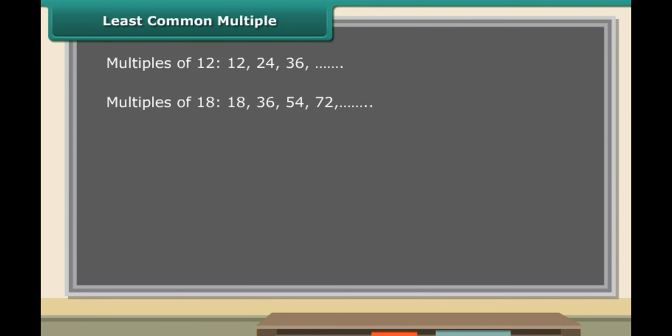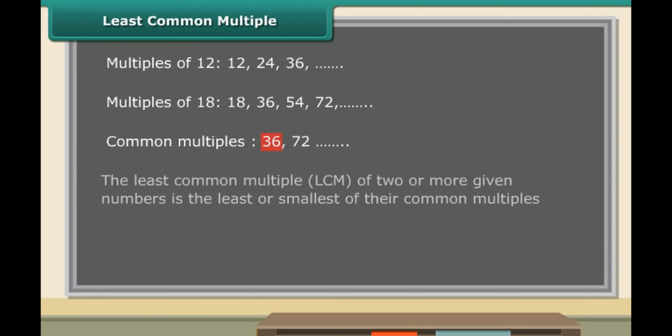Similarly, the multiples of 18 are 18, 36, 54, 72 and so on. The common multiples of both the numbers are 36, 72 and so on, but 36 is the smallest among these. Therefore, 36 is the LCM of 12 and 18. The least common multiple LCM of two or more given numbers is the least or smallest of their common multiples.